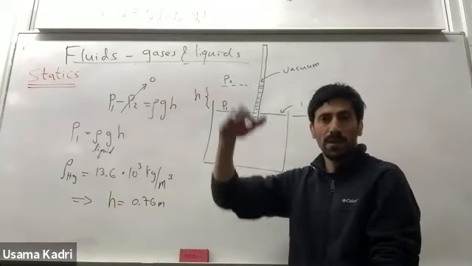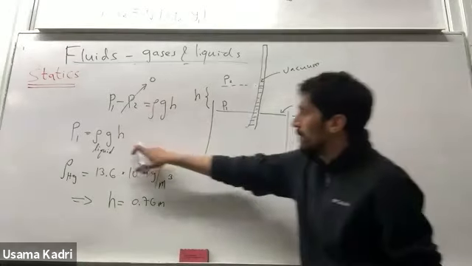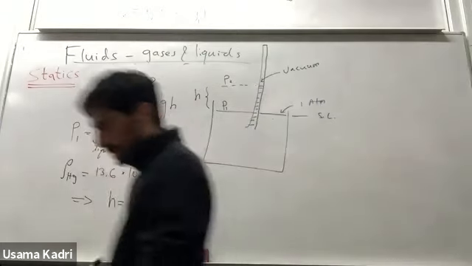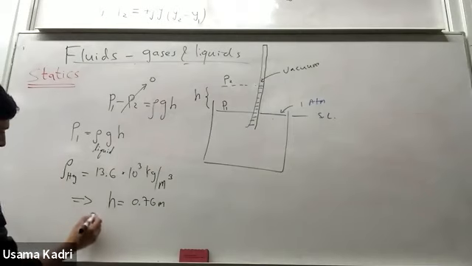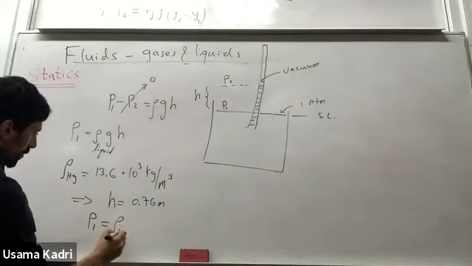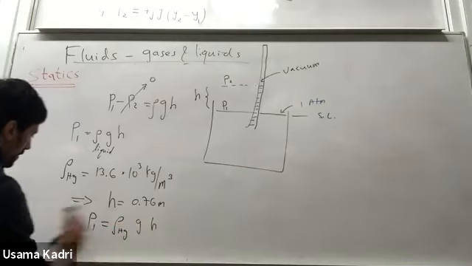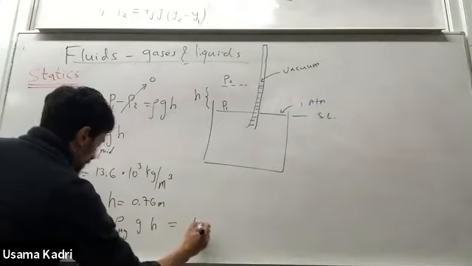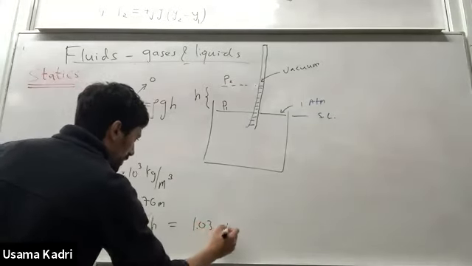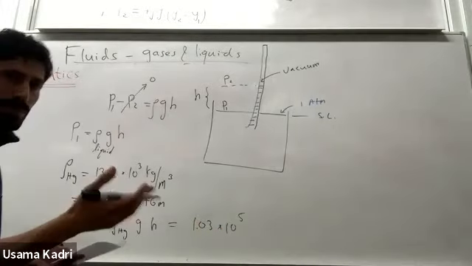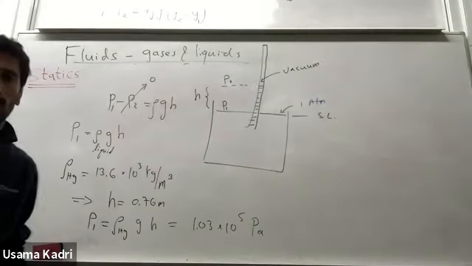This is really doable. I could have done it here really if I had mercury. And then I can calculate the pressure, which is P1 would be rho Hg times g times h, and that gives 1.03, almost 10 to the power 5 pascals, which is 1 atmosphere.